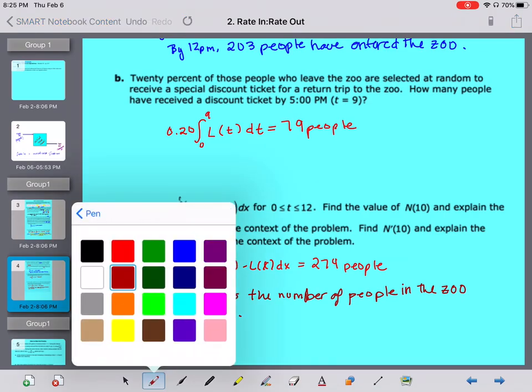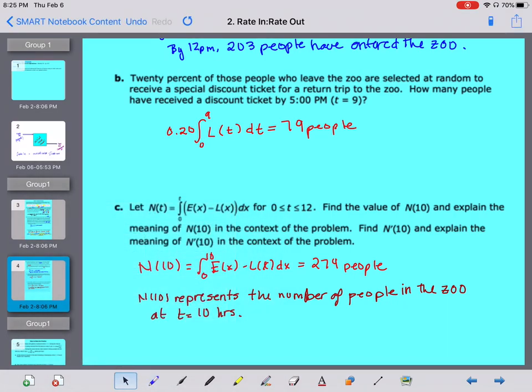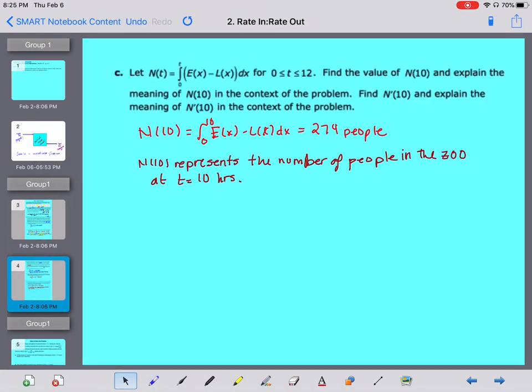Okay. So I'm just going to move this up a little bit. So if we think about n prime, to get n prime of 10, I need to first get n prime of t, and that was a very ugly n. So n prime of t means what I'm doing is I'm taking the derivative with respect to x of the integral from 0 to t e to the x minus L of x dx.